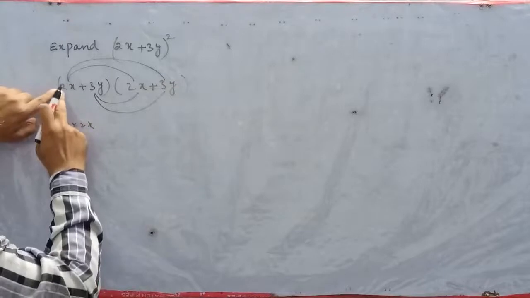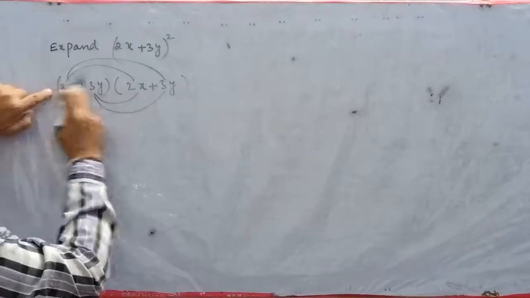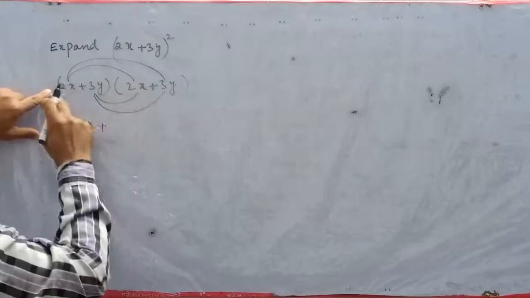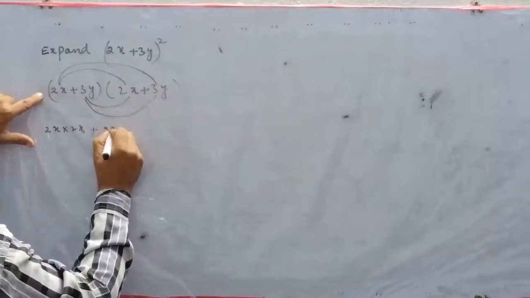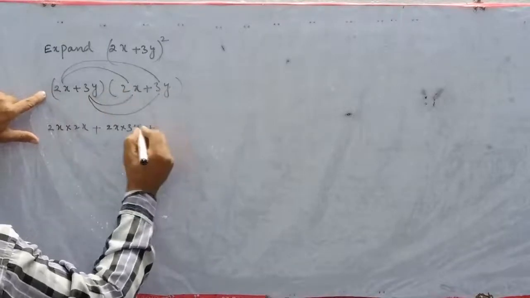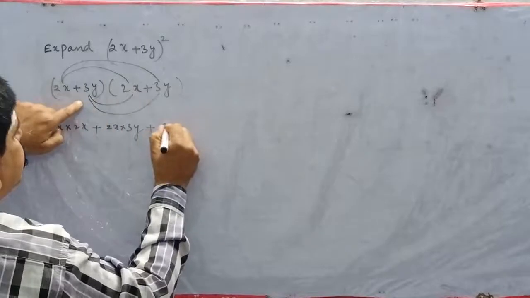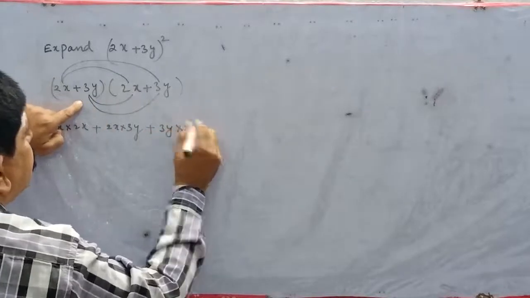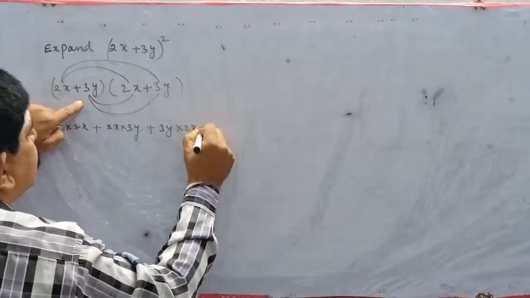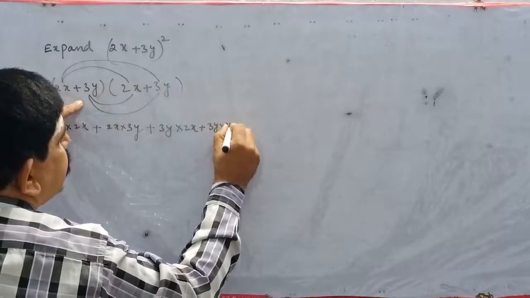Here the sign of 2x is plus, so plus into plus, plus 2x into 3y, plus into plus, plus 3y into 2x, plus into plus, plus 3y into 3y.